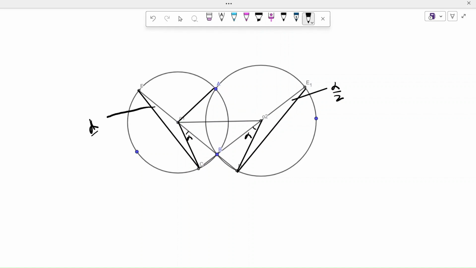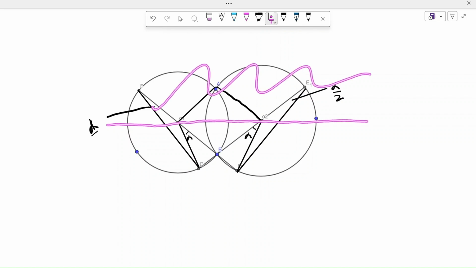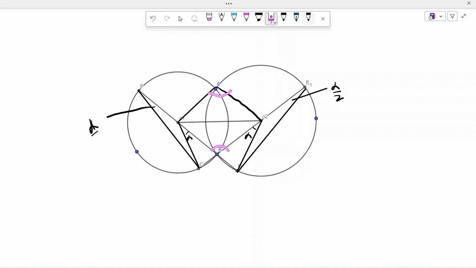So let's draw these two lines, O1 to A and O2 to A. Now we know that if I draw a line through the centers O1 and O2, then this part is exactly similar to this part. So that means this angle is equal to this angle. So if this angle is theta, then this angle is also theta. Now this is a straight line, so this angle is 180 minus theta.